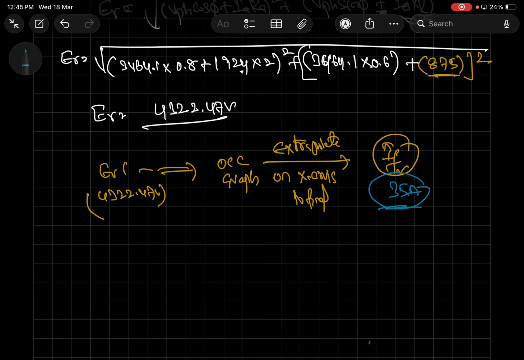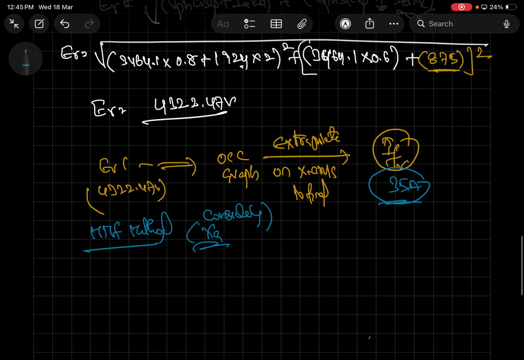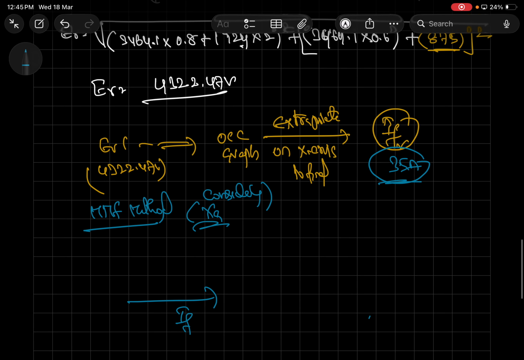Next, now I will try to implement the MMF method. The MMF method indirectly means I am considering XA here. In the MMF method, we have to do the phasor sum of IFA and IFR. The resultant will be IFT.